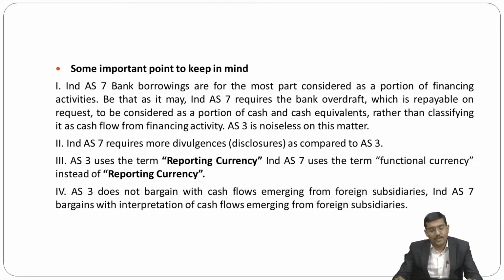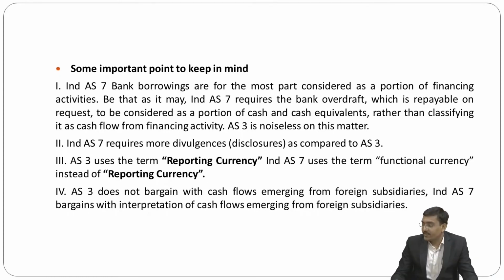The second point: Indian Accounting Standard 7 requires more disclosure as compared to Accounting Standard 3. Accounting Standard 3 uses the term reporting currency, and Indian Accounting Standard 7 uses the term functional currency instead of reporting currency.